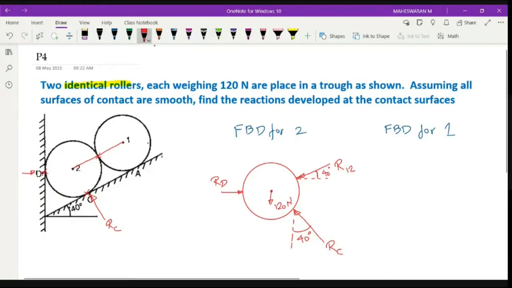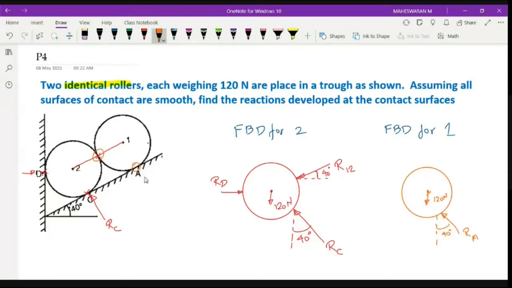Let me go for the next sphere. The weight is acting, 120 Newton. How many contacts does sphere 1 have? You have 2 contacts. One is at A, the other is at this point. At A, again, you have RA, and this is 40 degrees with respect to vertical.